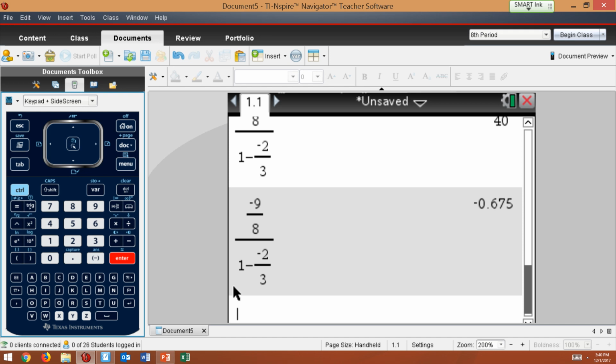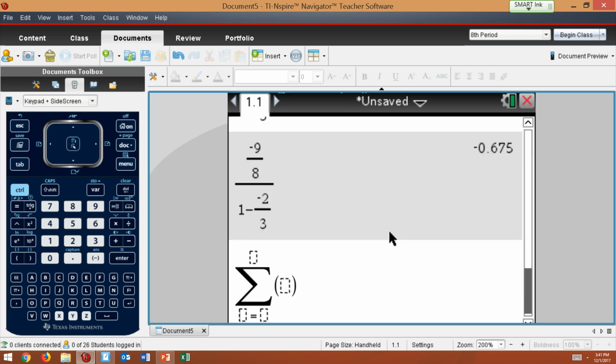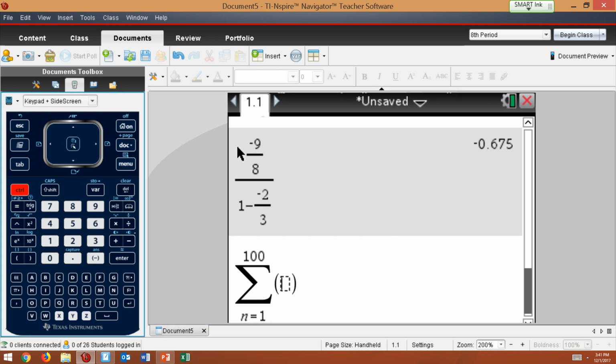Let's see. I want to go to the button next to 9, hit sigma, and now I type in n equals 1, and I'm going to do this 100 times, which represents infinity, and this is going to be the fraction of negative 9/8 times, if you remember the rate, which was negative 2/3, to the power of n minus 1.